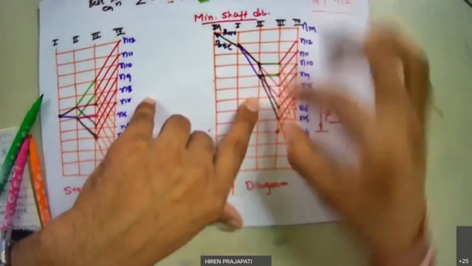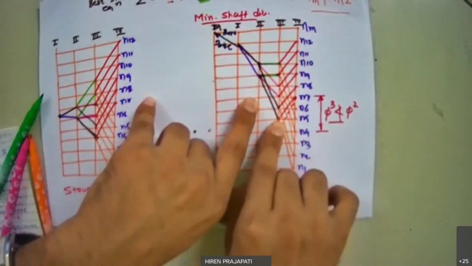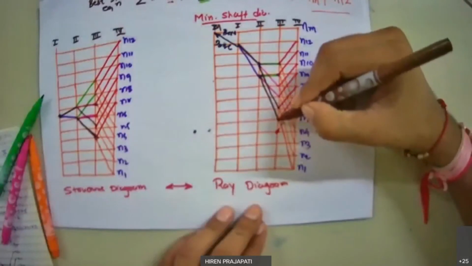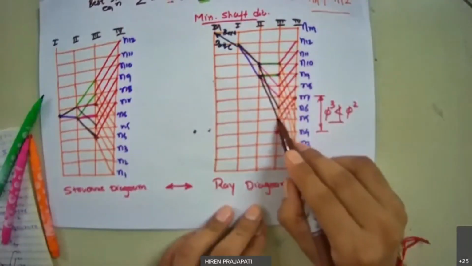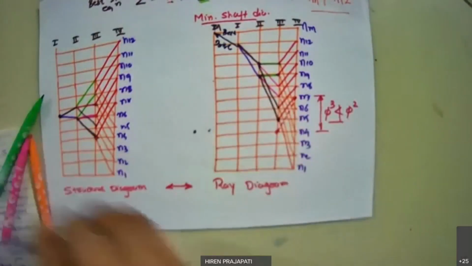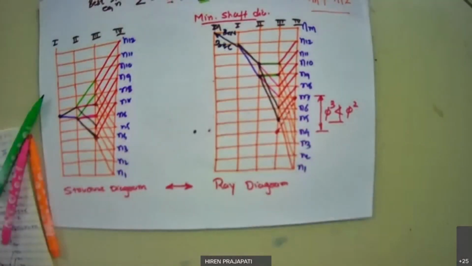So I can connect these two nodes. Let me show you by dotted line. We don't have any flexibility to change here, but I can change here. Let me use different color so that will give you proper feel.